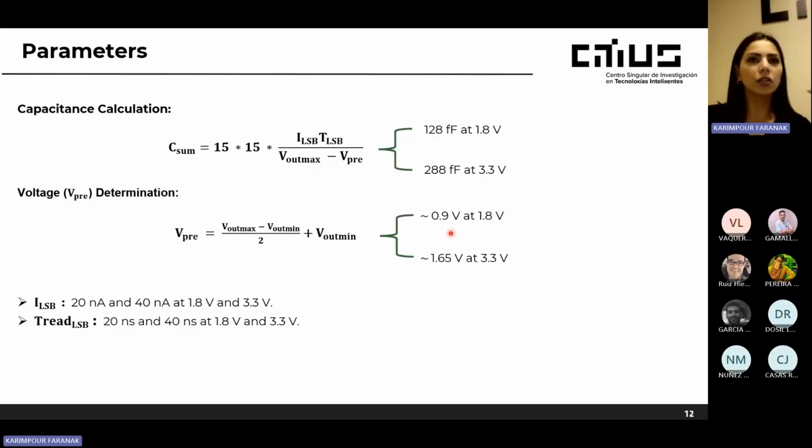That indicates the initial voltage level is set to 0.9 volt before the circuit undergoes further operations. We also have the least significant bit of current and T-read, which are 20 nanoampere, 40 nanoampere, and 20 nanosecond, 40 nanosecond, at 1.8 volt and 3.3 volt.